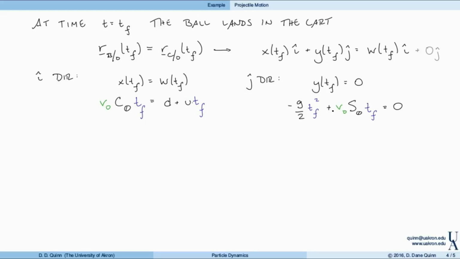So here we have two equations, one here and one over here, that we can solve for our two unknowns, namely the initial speed, v naught, and the time required for this to occur. So from this, we will solve for t final.